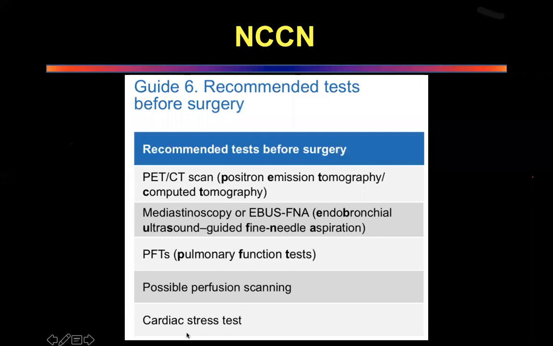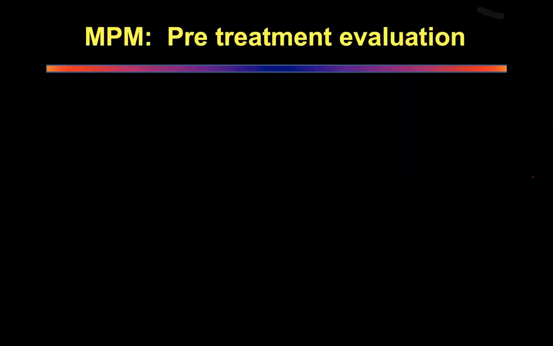And most importantly, because whatever therapy you give will cause cardiac toxicity, you need to know the baseline cardiac evaluation, and you can even go up to a cardiac stress test if required. So the whole gamut has to be done before you can decide whether this guy needs chemo, radio, surgery, or tri-modality. So you have to do the whole thing. And this is a beautiful flash guide which clearly tells you what are the tests to be done.